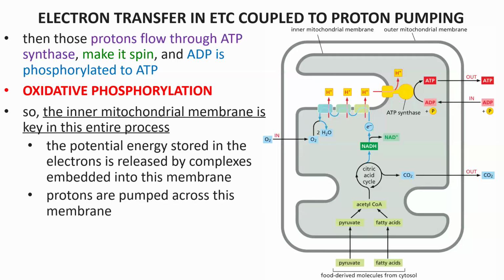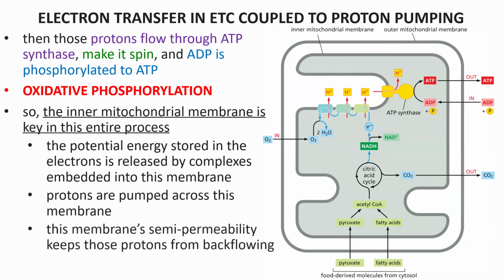The protons flow across the inner mitochondrial membrane by going through ATP synthase, and that's what allows us to make the ATP. No inner mitochondrial membrane, no ATP. The more inner mitochondrial membrane you have, the more you can do this. And that's why we have those cristae, those inner foldings.